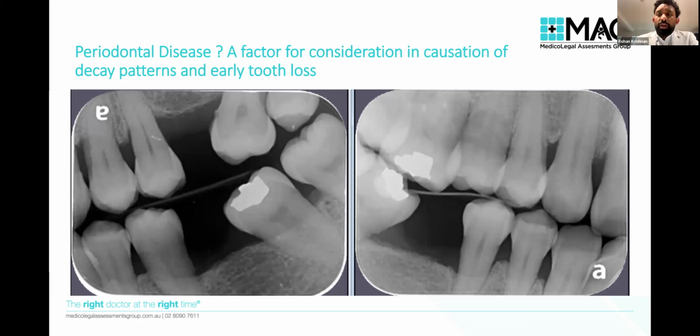So finally, periodontal disease. Dental decay and gum disease, or periodontal disease, are the two biggest disease entities that we see, other than obviously pain as a major subgroup in the clinic. Gum disease is essentially a breakdown of the supporting structures around the tooth: the gum and bone and the periodontal ligament, the ligament that holds the tooth in.